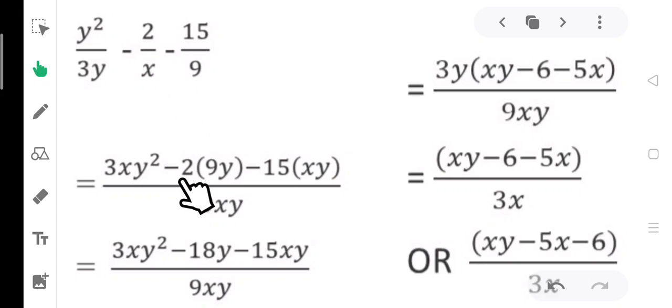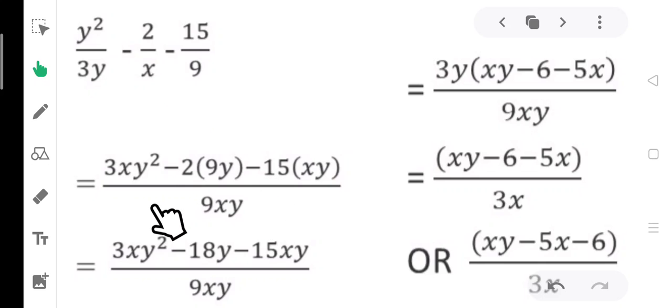So we have negative 2 times 9y. And then 9xy divided by 9, that is xy times 15. So we have negative 15 times xy. So remember that these two minus signs here are just copied also with this one, coming from this one.